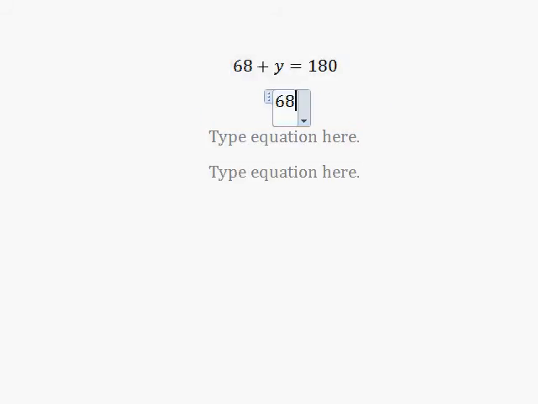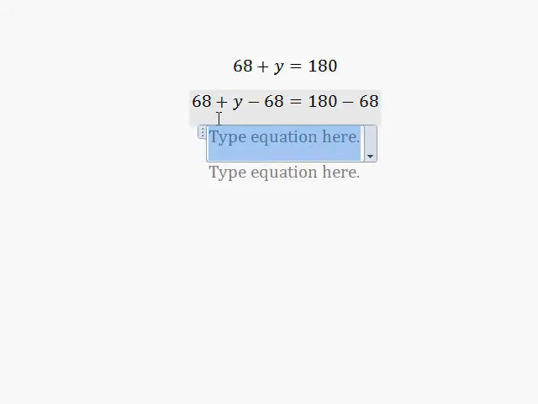I need to keep this expression equal to this expression, so I need to subtract 68 from 180 as well. And so 68 minus 68 will leave Y by itself, which is what I wanted.